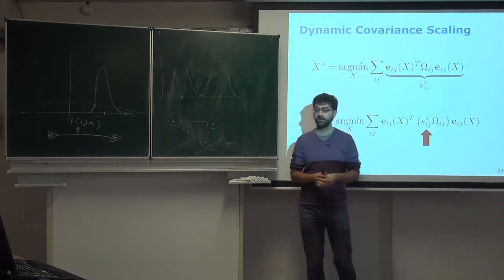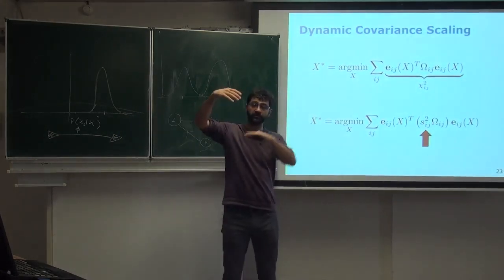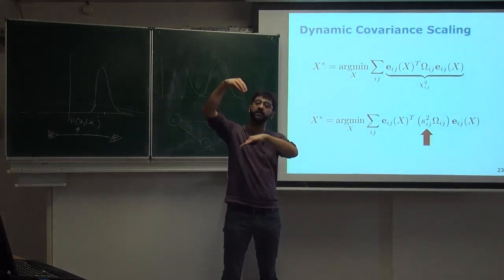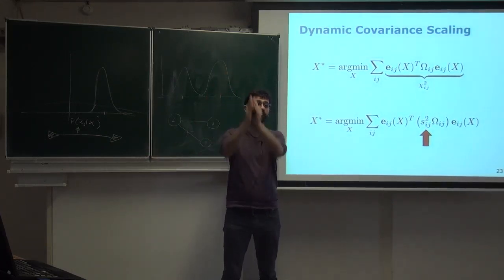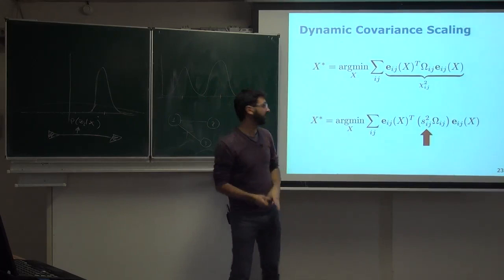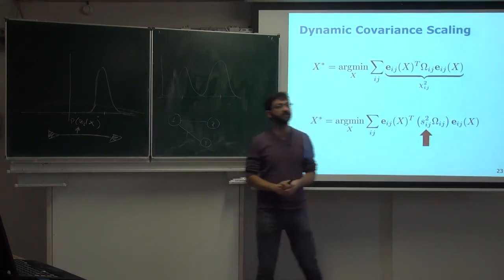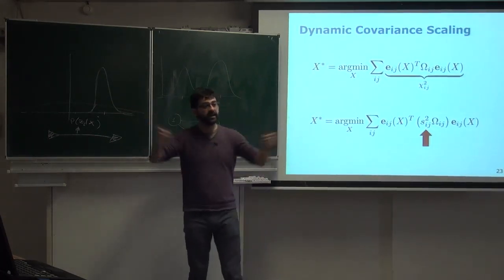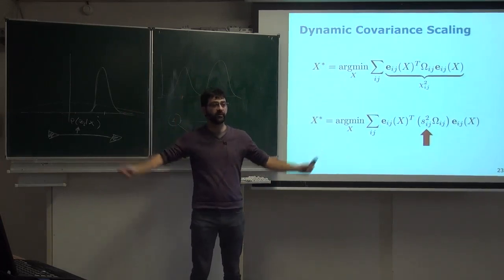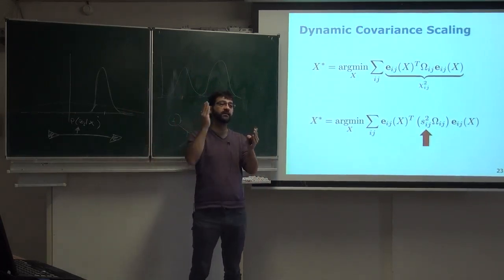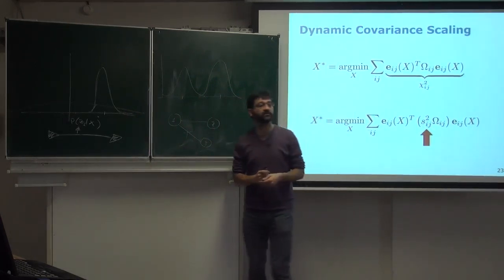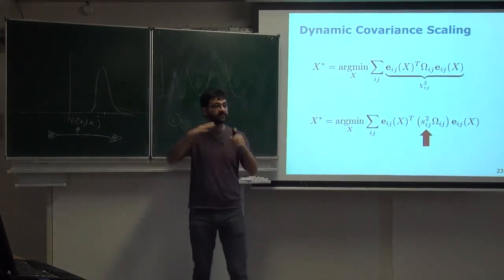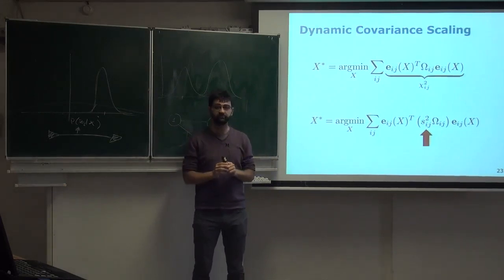So let's say before I had two hypotheses, flat and peaked, and now assume I have an infinite amount of hypotheses that go from completely flat to super peaked. And this actually has the effect of scaling over all possible hypotheses. So instead of just selecting one or two, I'm trying to find the optimal value for S so that I can select the right scaling for my case. Okay?